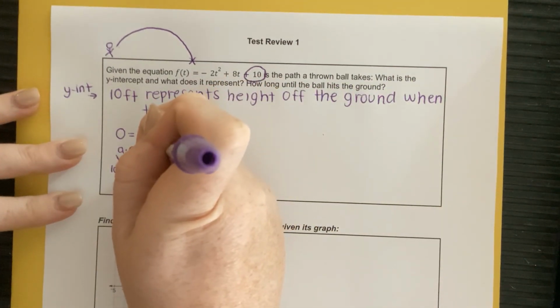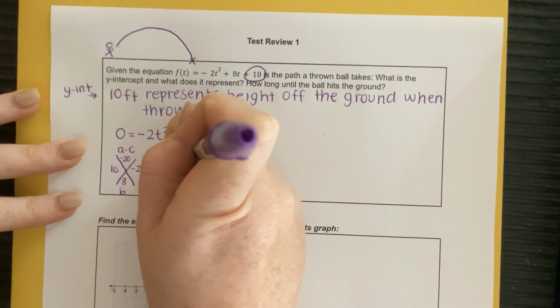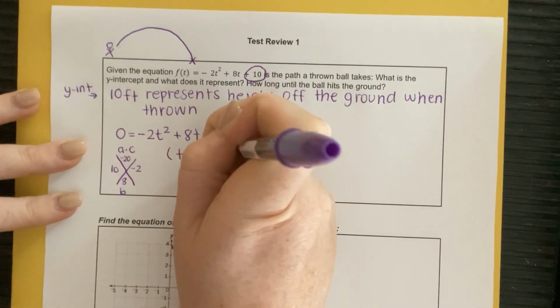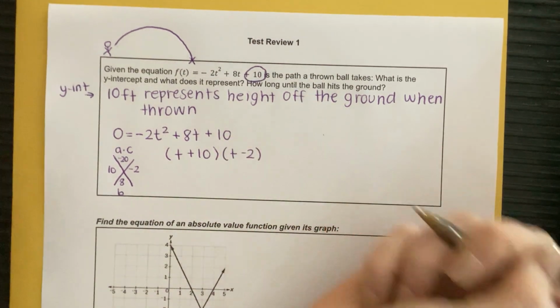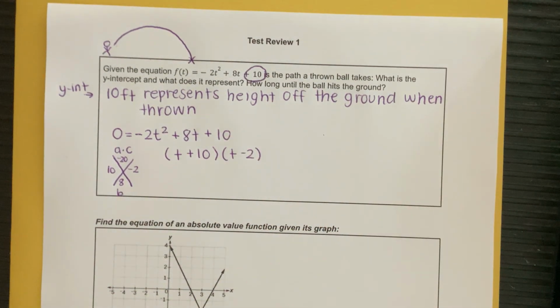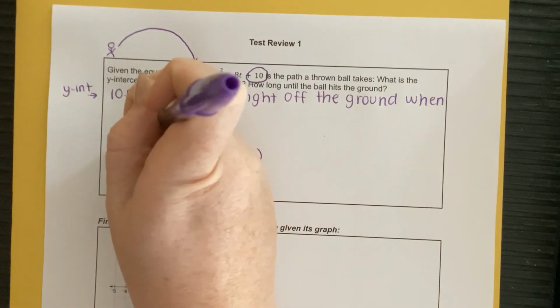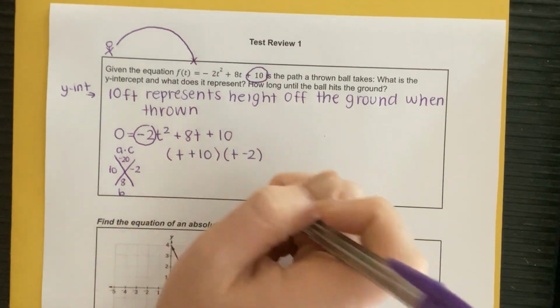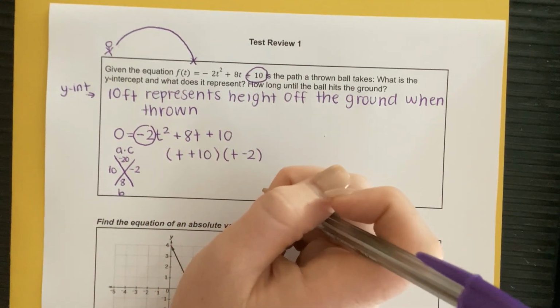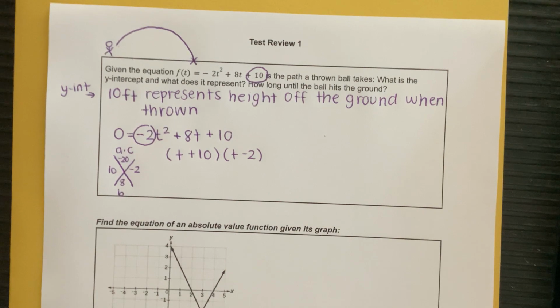So if we rewrite this, we're going to rewrite it as t plus 10, t minus 2. And now you have to make sure that you're taking into account the fact that this A value is here. So when you put this A value in, you have to make sure that you are dividing by that negative 2.